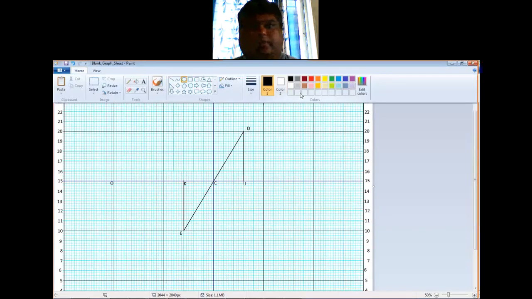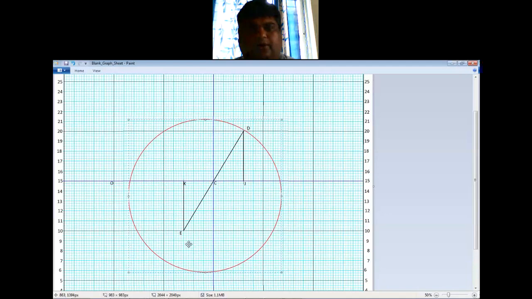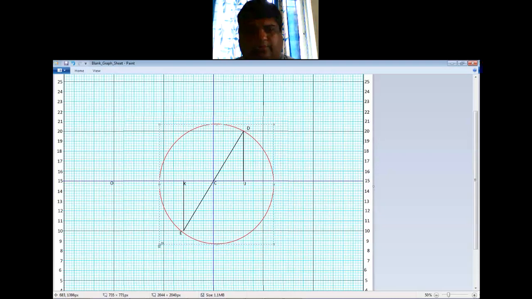So circle, I'll draw a different color. It's little tricky in here. Are you guys with me? Is there any trouble anyone is facing? Please let me know. Yeah, approximately I just drew the circle.